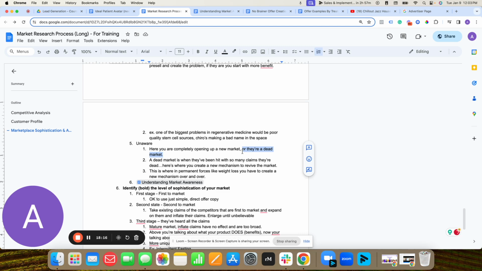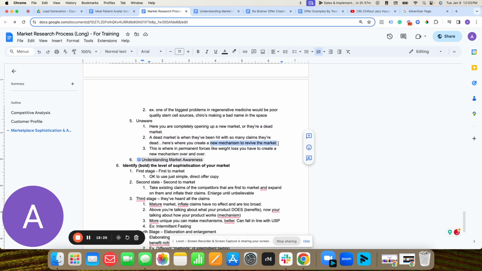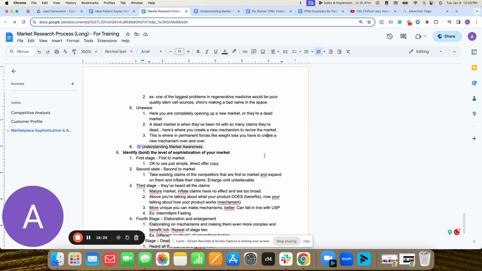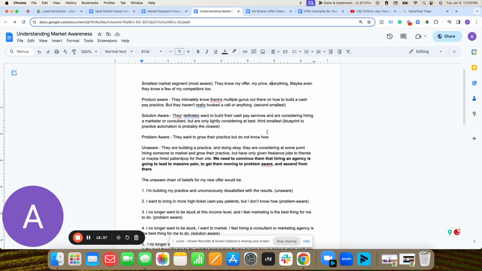It doesn't even make sense. They've run this offer so many times and been hit with so many claims that they're just immune to that anymore. So here's where you create a new mechanism to revive this market and bring it back to life. This is where permanent forces like weight loss, you have to create a new mechanism over and over and over. So take some time and clone this sheet as well.